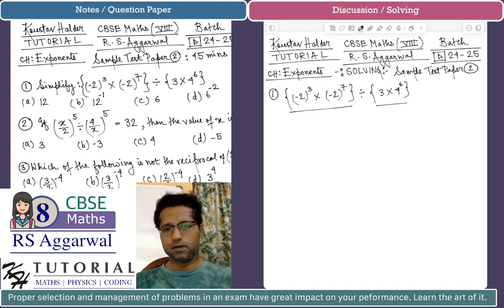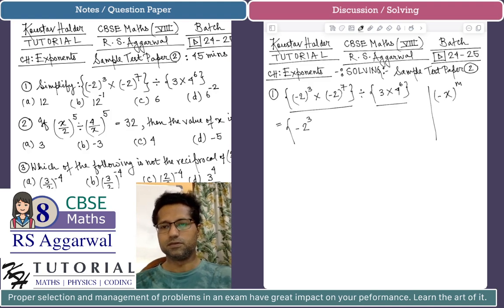So this is equal to, now first of all, minus 2 raised to the power 3 will be negative of 2 raised to the power 3. Why? Because the base minus 2 is negative and the power is an odd number.